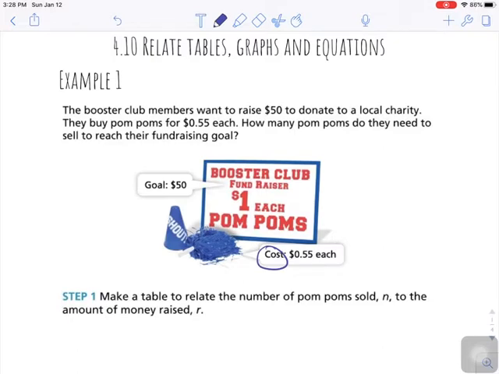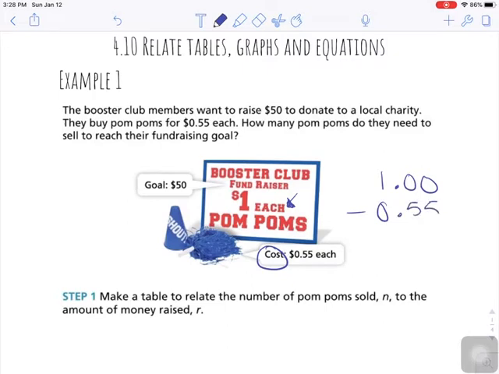So we have to figure out how much money we're actually going to profit, because if you see, it says that they're selling them for $1 each. So one pom-pom we're selling for $1, but it cost us 55 cents to buy them. So we need to subtract those two to figure out what our profit's going to be.